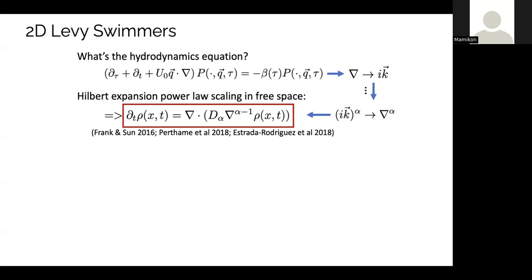I see. So you're defining the fractional gradient operator with alpha between 1 and 2, not 0 and 1. Yes. Okay. All right.